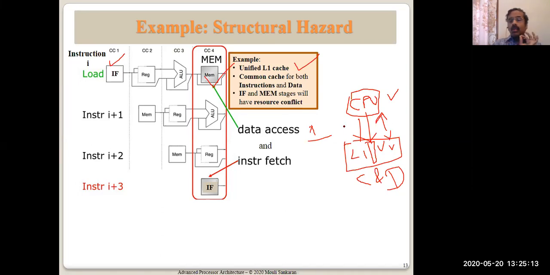I have only one interface, one address bus and one data bus connecting to the unified L1 cache, which is holding the instruction or code and data in the same cache. Even if I assume whatever code and data I am looking for is available in the cache, that means it's a hit, not a miss.